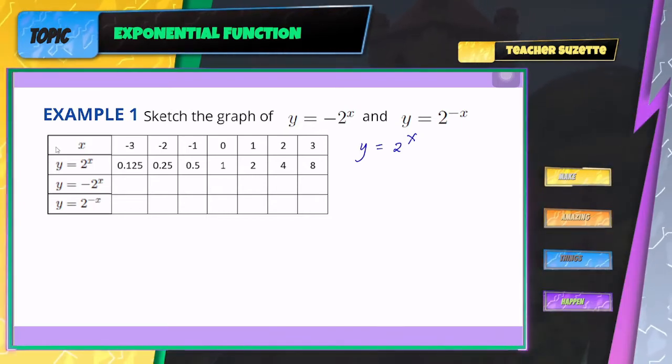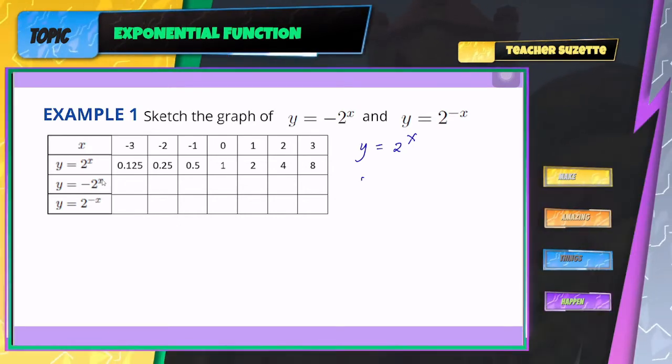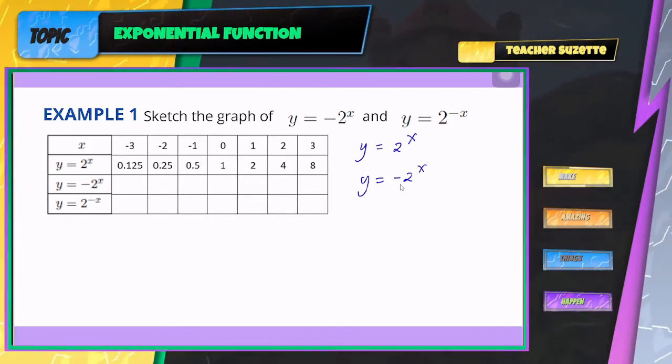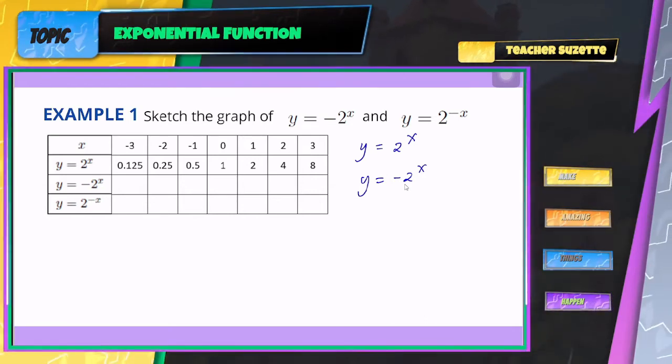So, first po, let's complete the table of values that we have here. So, we have y equal to 2 raised to x. Given na siya. Now, let's proceed na lang po sa ating y is equal to negative 2 raised to x. Now, you might wonder, ma'am, di ba po isa sa mga rule ng ating exponential function is that your base should not be negative. So, b should be greater than 0 and not equal to 1. So, for this case, wala naman pong na-violate tayo sa definition ng exponential expression or exponential function.